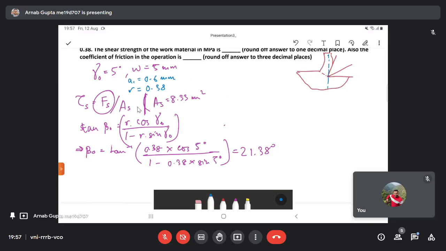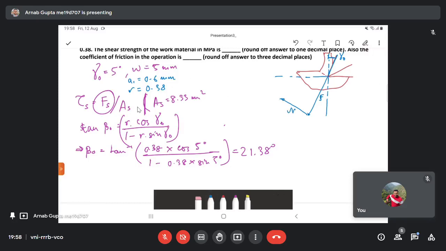You draw a perpendicular here, another in this direction, and this angle will be your gamma naught. Now, this is the rake surface, right? If you project it downwards, then the friction force will be along this rake surface. So this is nothing but F. F is friction force. Normal force will be perpendicular to friction force. Say this is N.